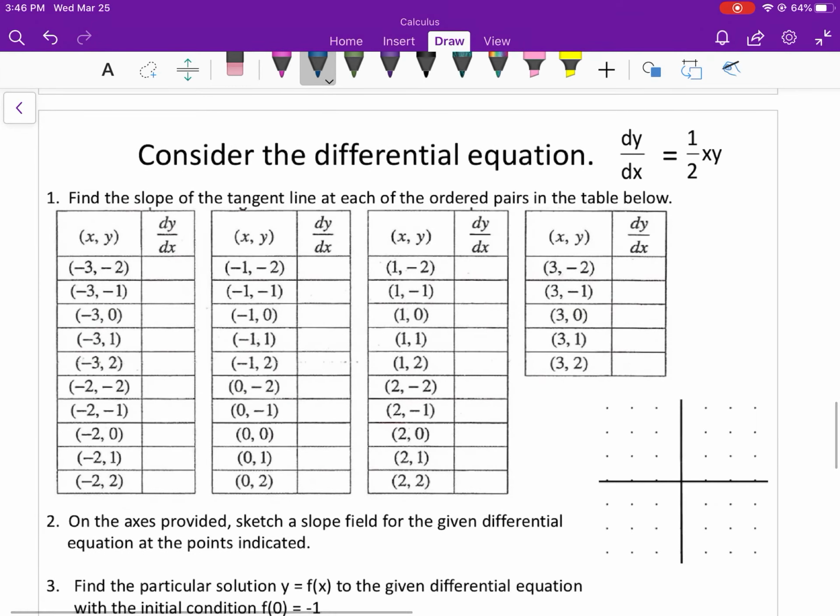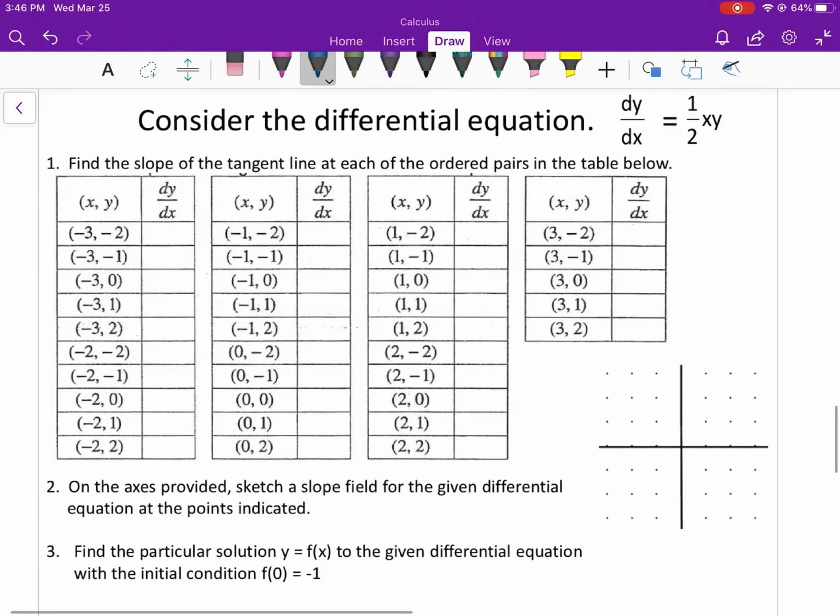All right, then we have this third one. We're going to take half of the product of x and y. So what we're going to do is multiply x and y together and then divide by 2. So -2 times -3 is 6. So divide by 2 would be 3.